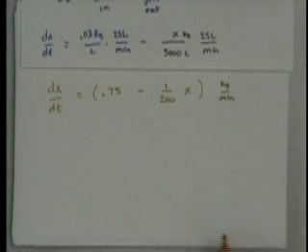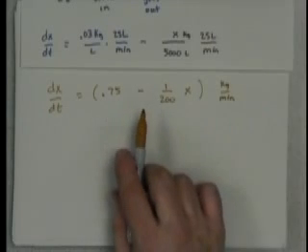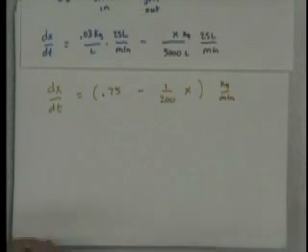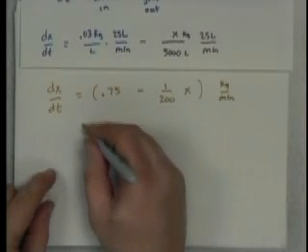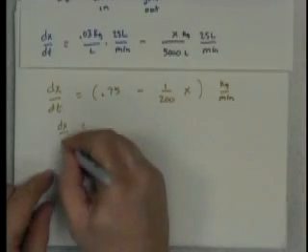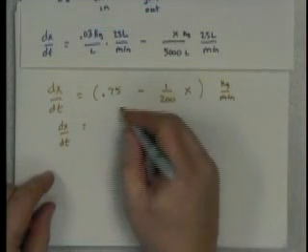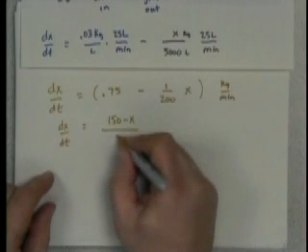So after simplifying that a little bit, dx/dt equals 0.75 minus 1/200 times x. Or if you want to solve this, since we have to separate it anyway, it could be (150 minus x) over 200.